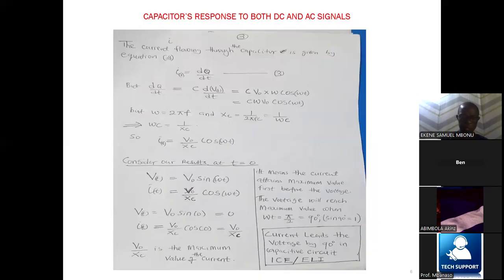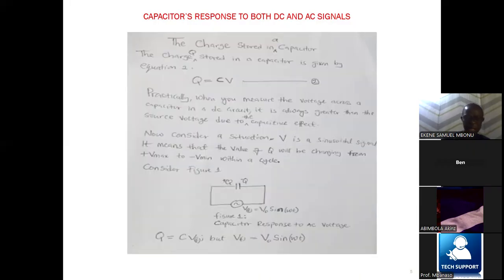Now, there is a slide that is missing here. Q will be equal to CV, that is CV0 times sine wt. Let's continue.